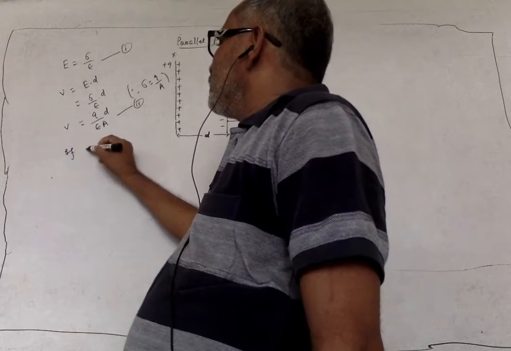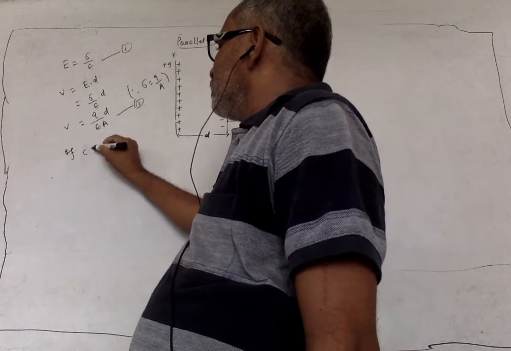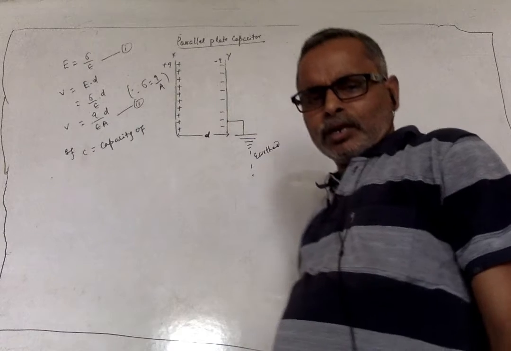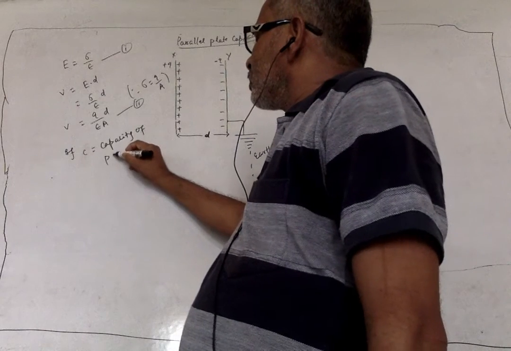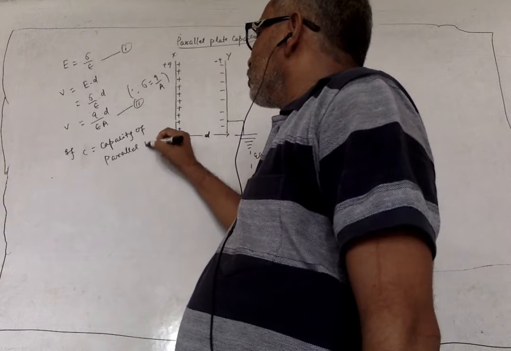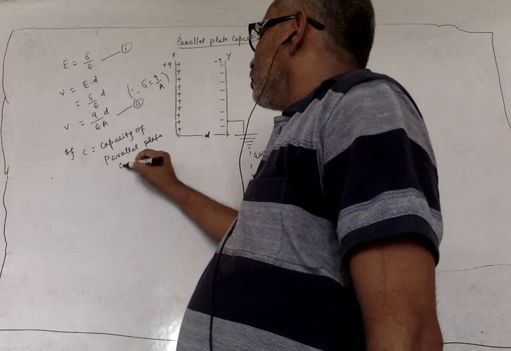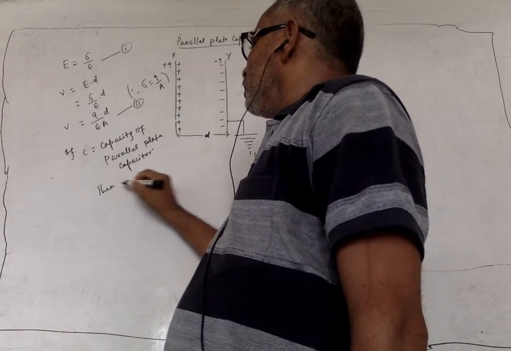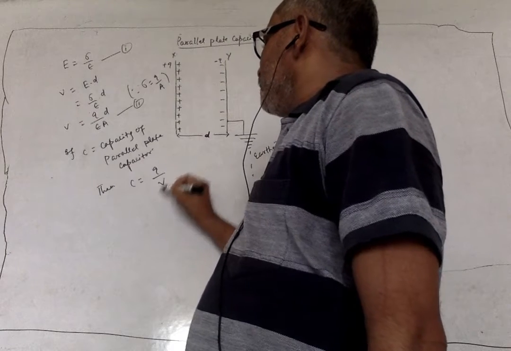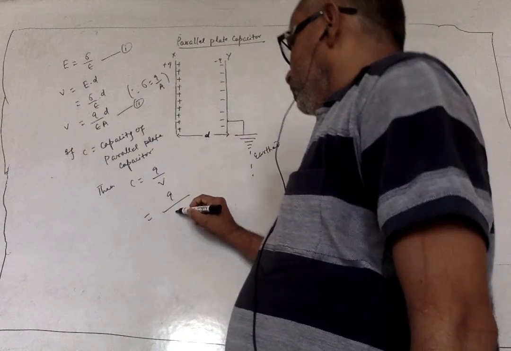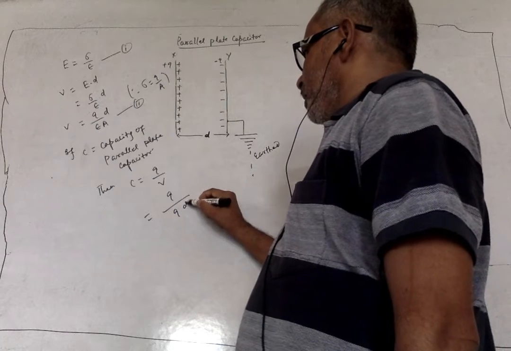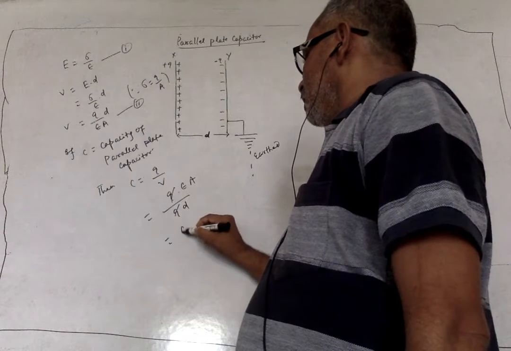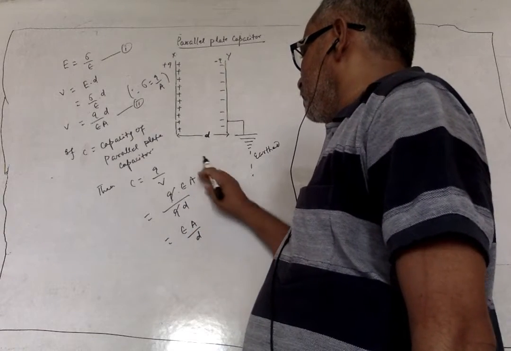If C equals the capacity of the parallel plate capacitor, then C equals Q by V. Putting the value of V, C equals epsilon A by d.